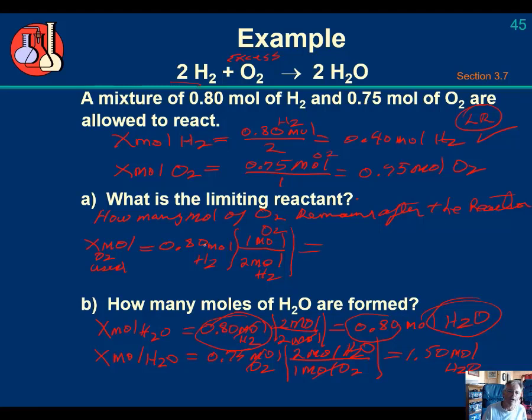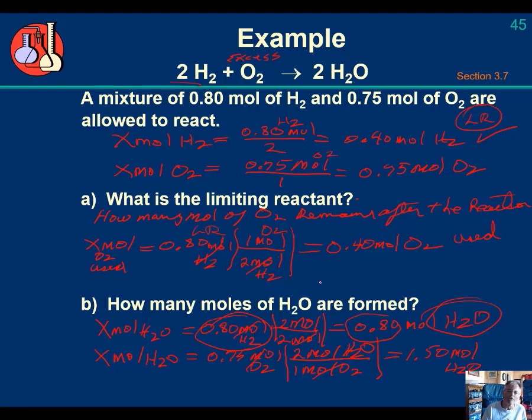So here we go. 0.8 moles of H2, by the way, moles of H2 will cancel. So this will be 0.8 times 1 divided by 2. So I'm going to use 0.40 moles of O2. This is how much I used to completely consume my limiting reactant, which is H2.